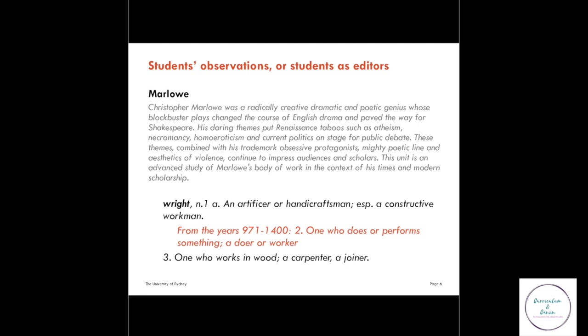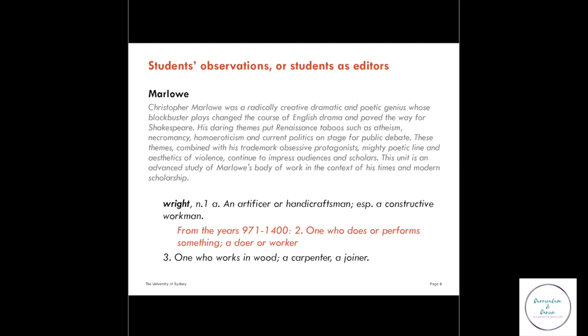So given my students' varied discussions of how they might edit these Shakespearean and Marlovian plays, I took a sample and reviewed some of this material that they had discussed and produced. And I was thinking about Michel de Montaigne's thoughts on editing.